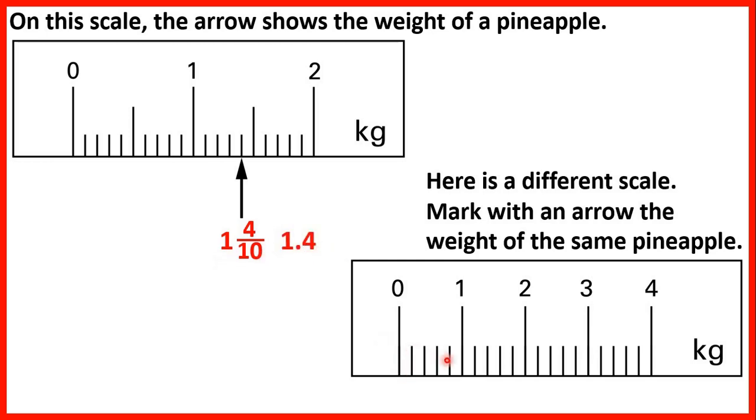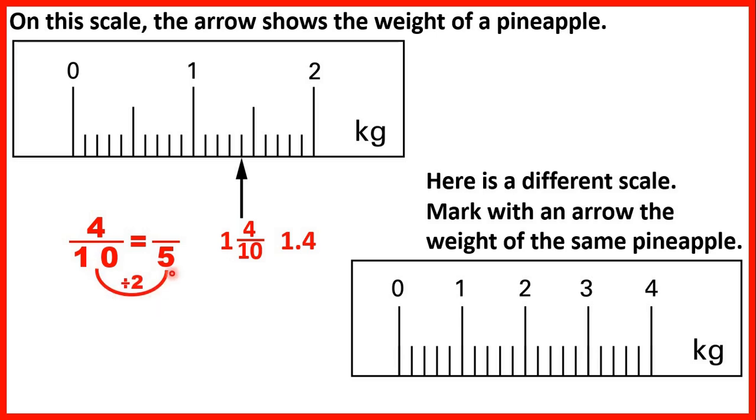But if we look at this scale, we don't have tenths as our little lines, because to get from 0 to 1, we instead have 1, 2, 3, 4, 5 lines. So on this scale, the little lines are not tenths, they're fifths. So we need to think 4/10 is the same as how many fifths?